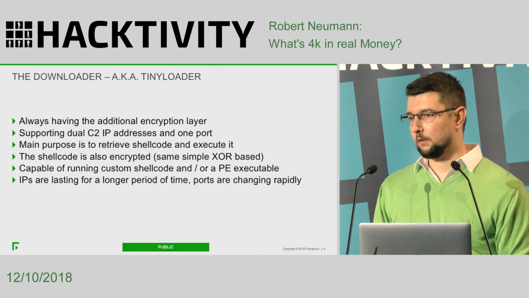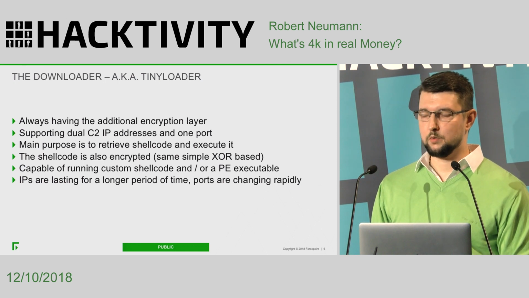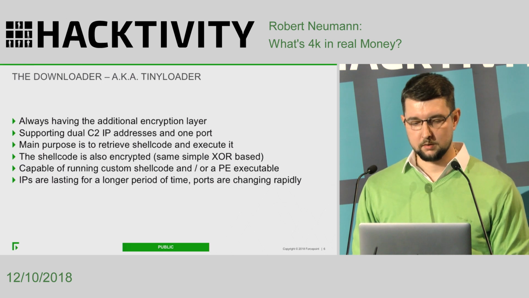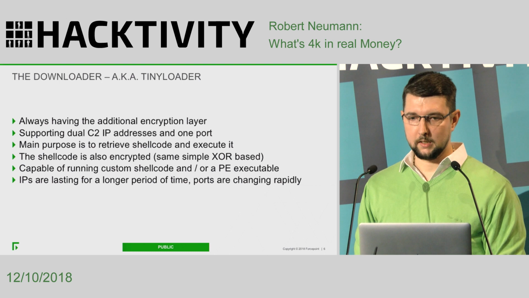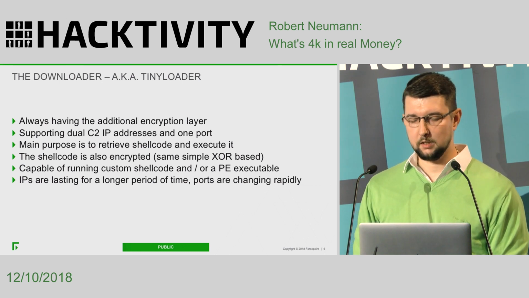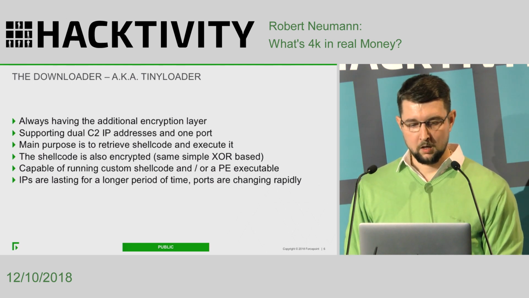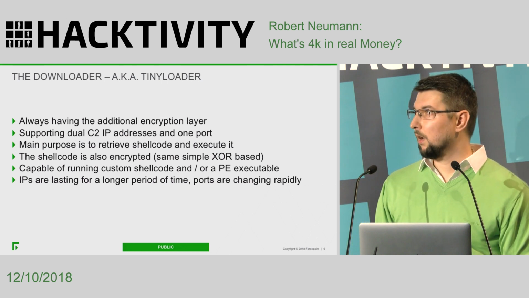You can imagine that as a short XOR decryption loop that's usually at or close to the entry point, and it's just decrypting the additional code. Nothing too complicated. It's a very basic obfuscation technique, so you cannot really see the internal content by just using the hex editor. The downloader supports dual C2 IP addresses.